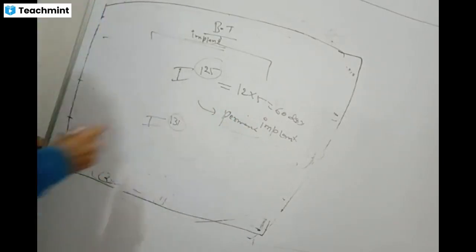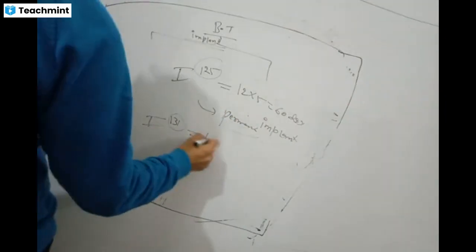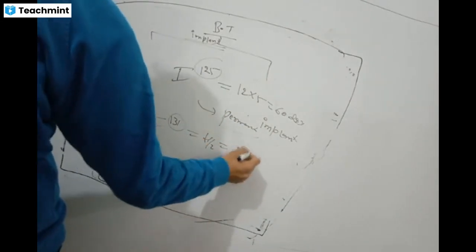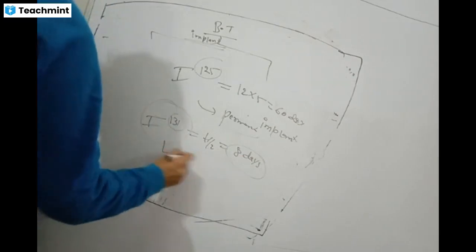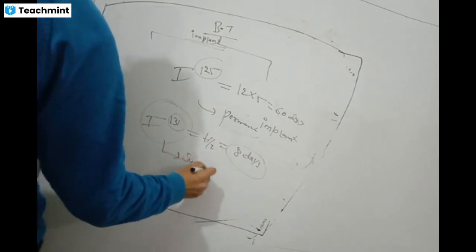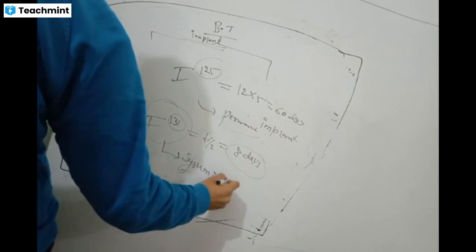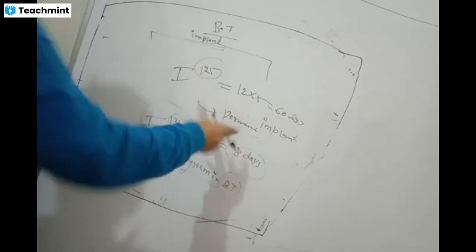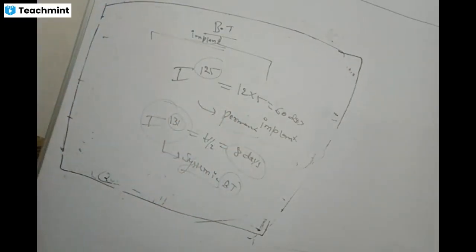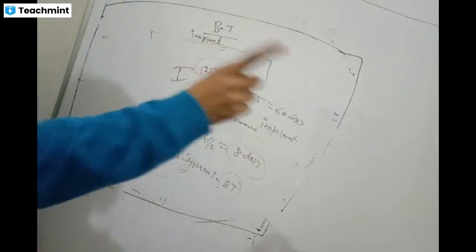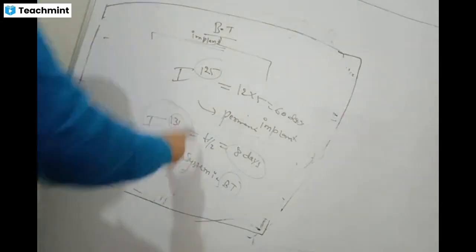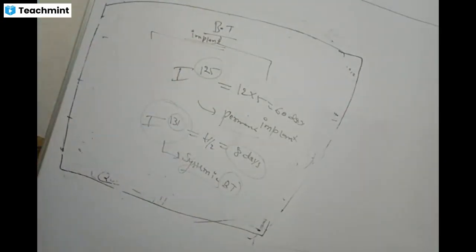But iodine 131, the half-life is 8 days. This iodine 131 is used for systemic brachytherapy. We inject it for the removal of the thyroid metastasis. So iodine 125 is used as a permanent implant, but iodine 131 is used in the injectable form for the thyroid metastasis.